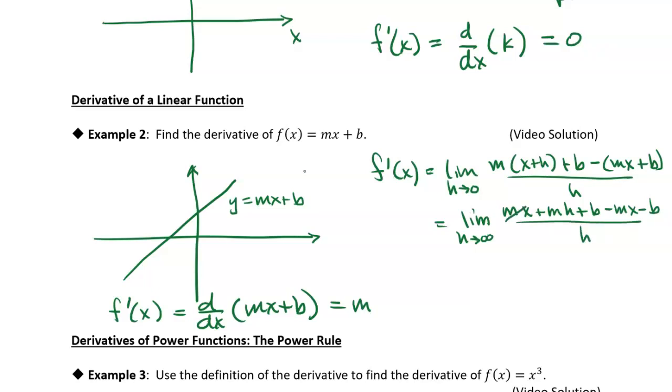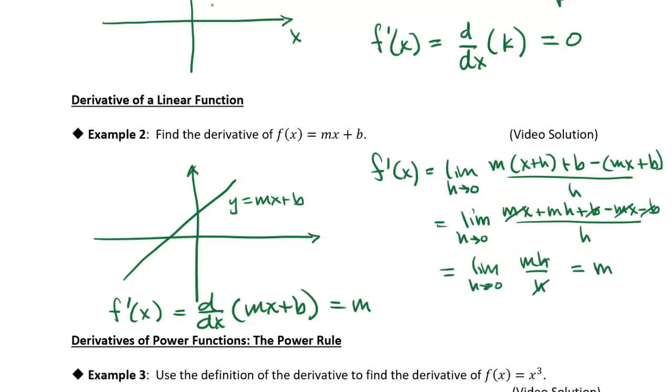This mx will cancel with the mx, and the b will cancel with the b. And so we end up with the limit as h goes to, whoops, why am I writing infinity? 0, it should be 0. h is going to 0. h is the interval width. And so I get mh over h. We can cancel common factors, and we just get m.